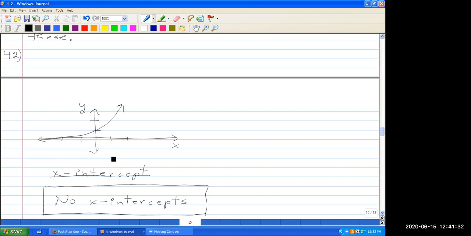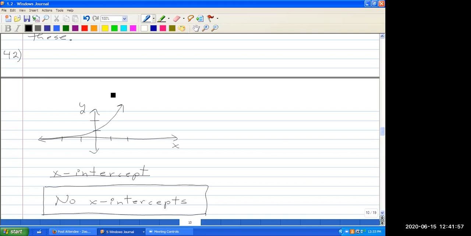So it's certainly not symmetric with respect to the x-axis because there's something above the x-axis, but nothing below the x-axis. Let's see, is it symmetric about the y-axis? Does it look the same over here as it does over here? Well, no, you have it up here, but it's not up over here. So that's a no.